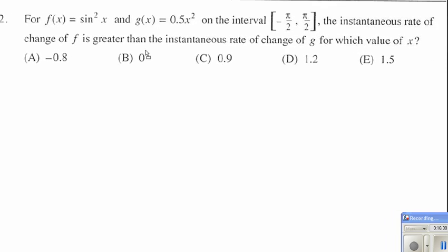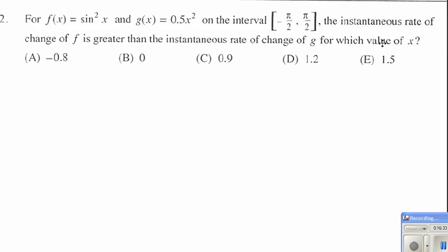Now, the next question. So this is what we have on this interval. The instantaneous rate of change for f is greater than the instantaneous rate of change of g for which of the following values. So the derivative, that's what instantaneous rate of change is, f prime becomes 2 times sine of x, and then multiplied by cosine of x.